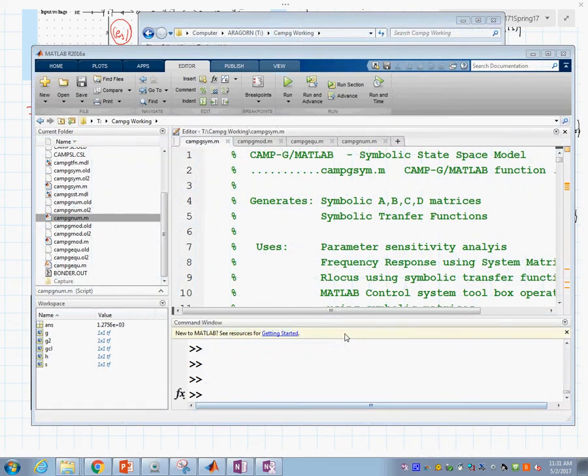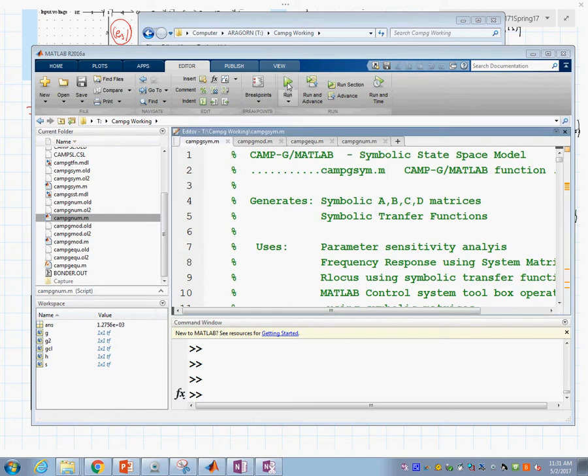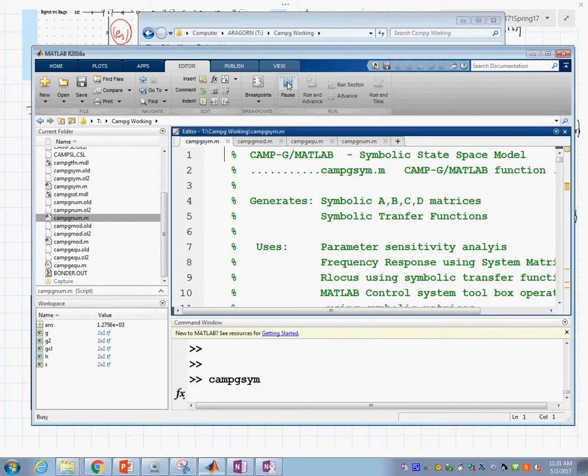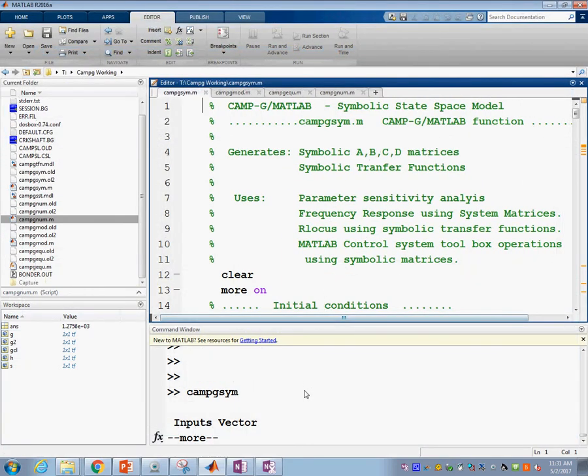Okay, so ChemG generates these files. One of those is the ChemG SYM file. If you run this file right here, you would obtain the matrices A, B, C, D, and then you have this matrix here. I haven't entered any values.